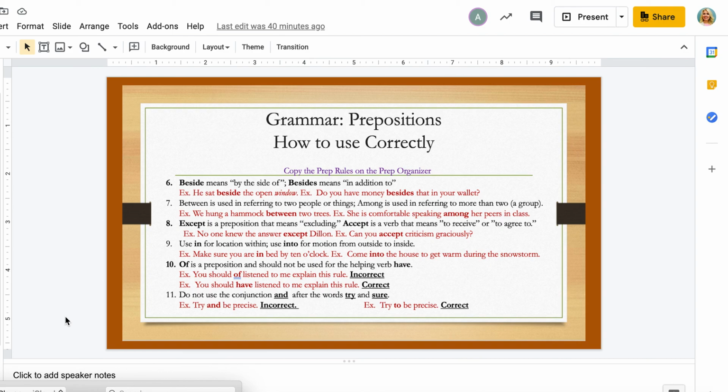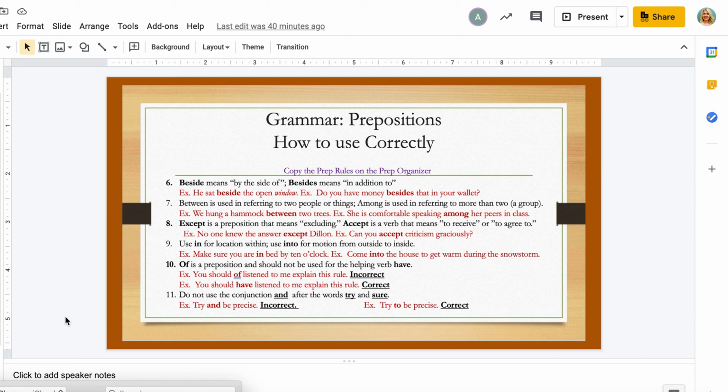Number 9 rule, uses the words in and into. In is used when you are already within the location. We are in the room. We are in the house.